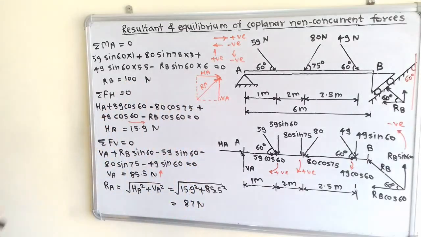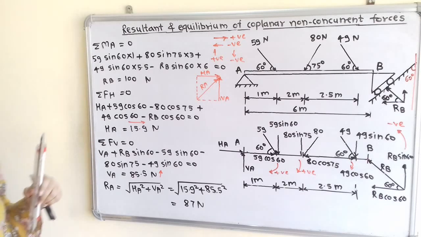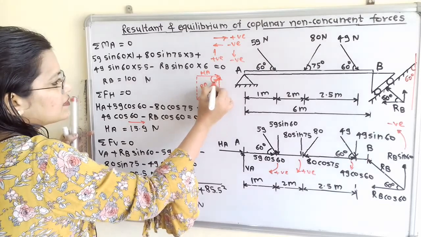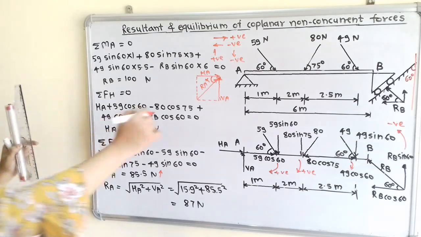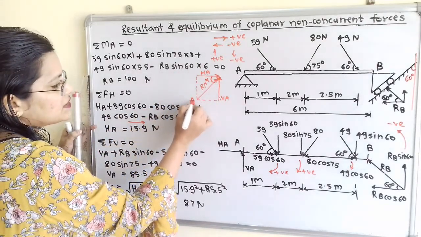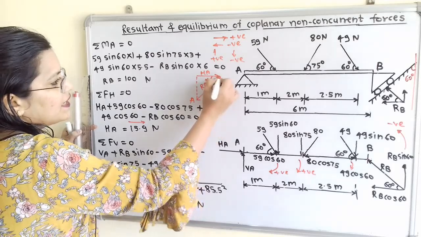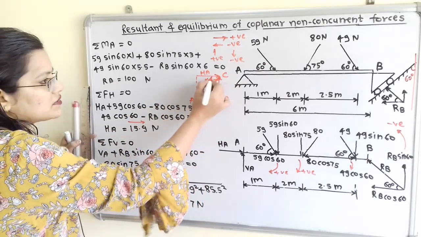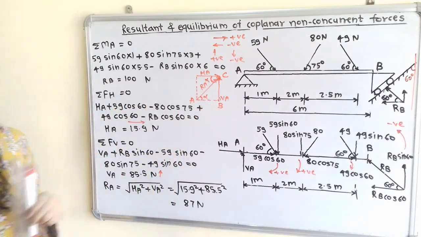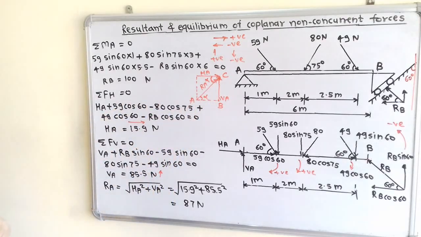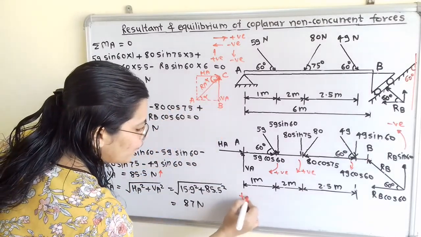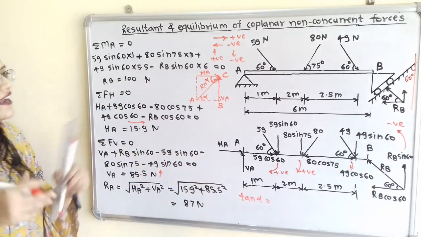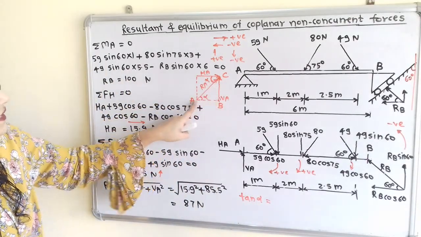Now how do we find the exact location of RA? For that we have to find angle alpha. We consider RA making an angle alpha with HA. If we observe this diagram, suppose this is point A, this is point B, and this is point C. These two angles are opposite angles, so here is also angle alpha. From triangle ABC, tan alpha is the opposite side by the nearby side.